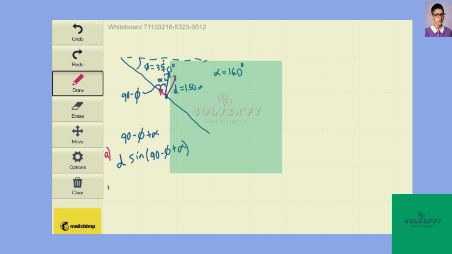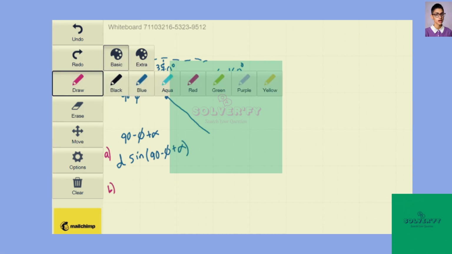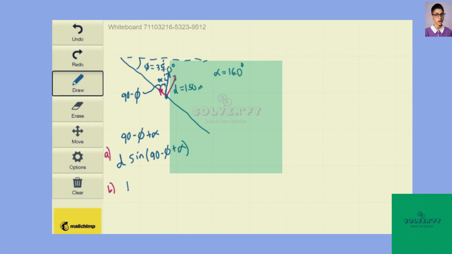And then perpendicular to the direction, so that'll be part B. This is part A here. Part B is going to be d times the cosine of 90 minus phi plus alpha. Let's put this in a calculator.